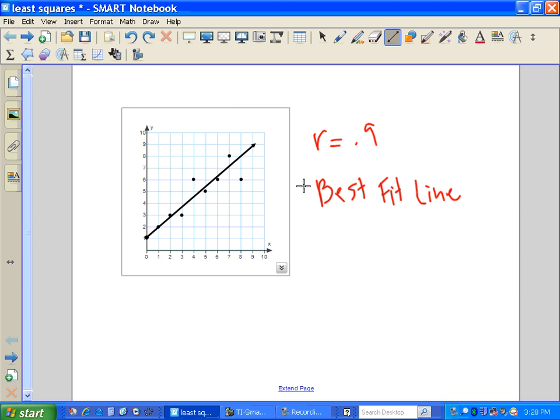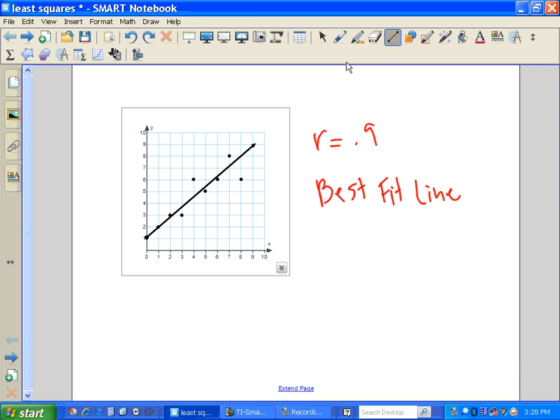The best fit line can be estimated, but for our part, we're mostly going to be calculating the best fit line on our graphing calculator. Before we do that, I want to tell you about why we call it the least squares regression line.